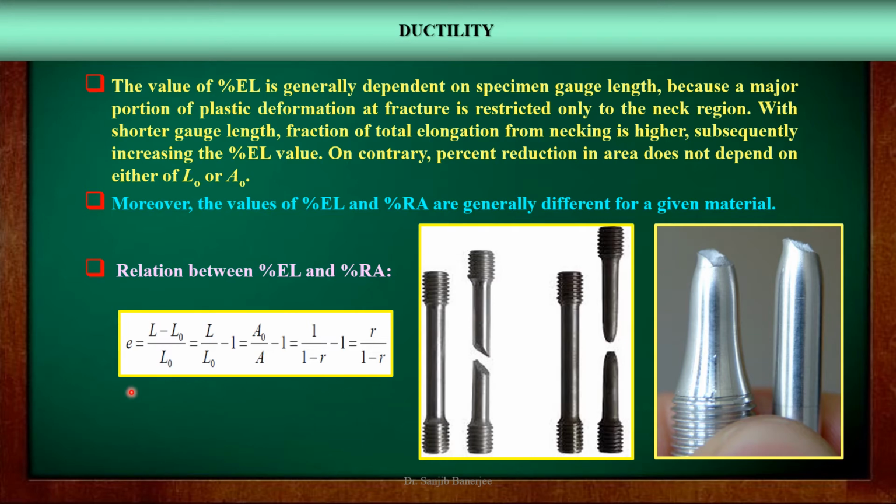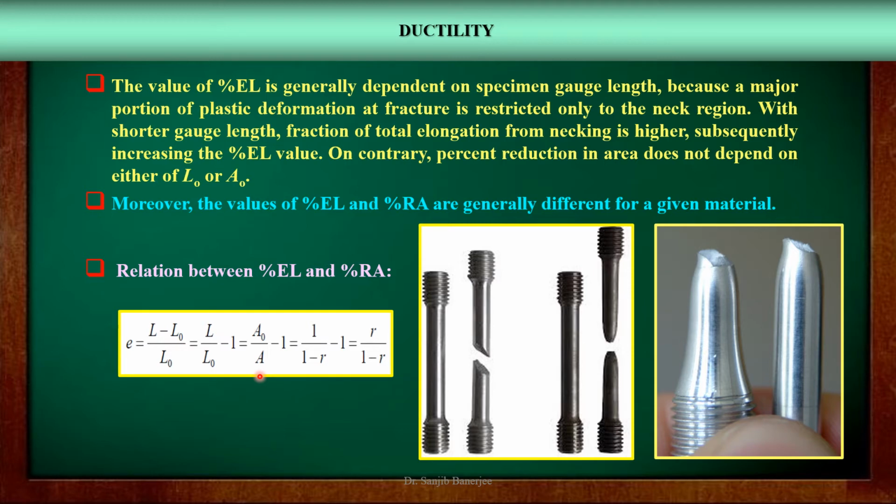We see the percentage elongation in length, denoted by E, is equal to the change in length, that is L minus L naught, divided by the original length L naught. Here L by L naught is substituted by A naught divided by A due to the conservation of volume.